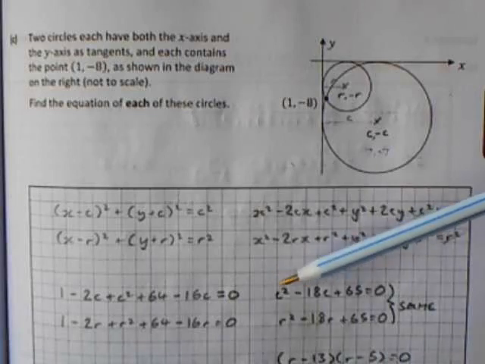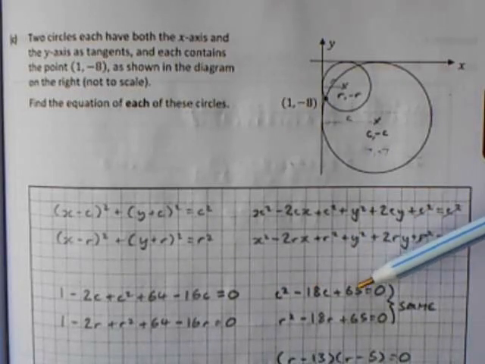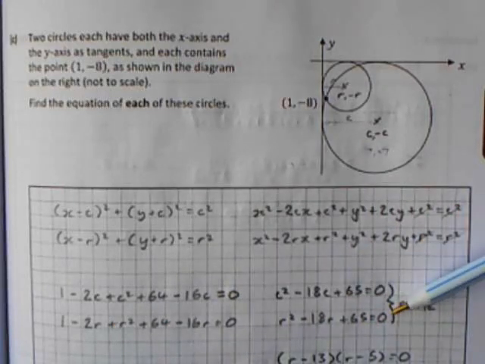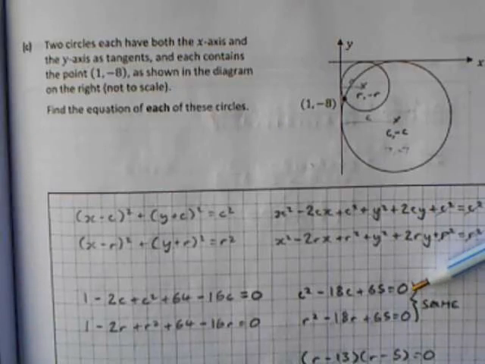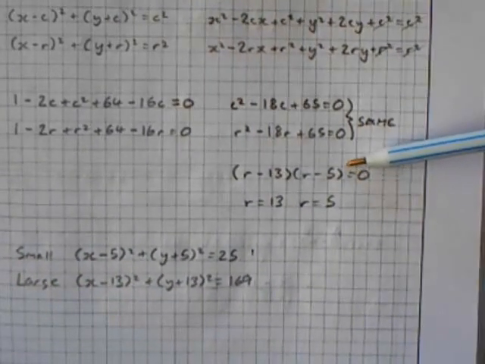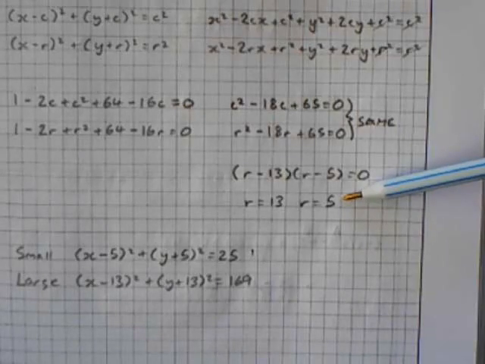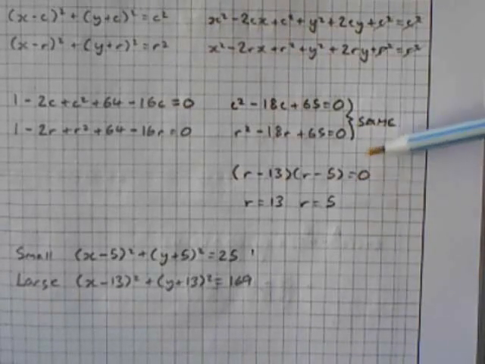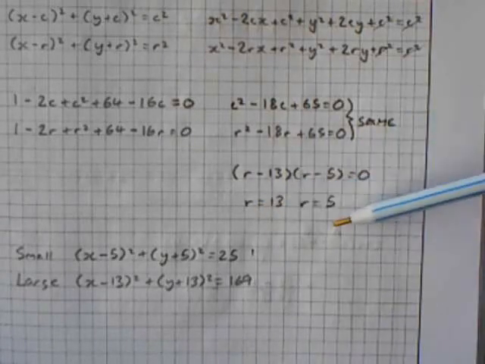So combine them all together, so I've got c squared minus 18c plus 65. I also did it with the small circle and saw, look, it's exactly the same, and kicked myself because I've done too much work. Anyway, you can minus b from here, or you can factorise. For me, factorise is quicker, so I get my answer as 13 and 5. You could do exactly the same thing with the minus b, you get 13 and 5.